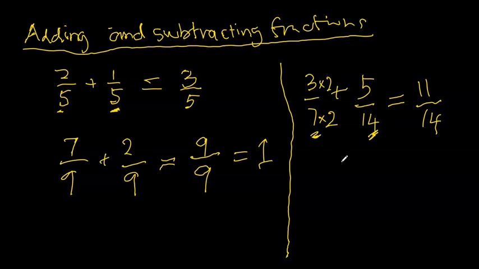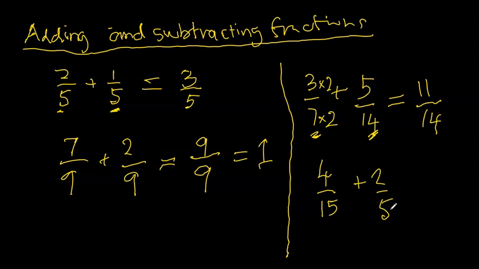Let's do another example. Let's say we have 4 over 15 plus 2 over 5. Here is the same, right? We look at the denominators, we see they are not common yet.